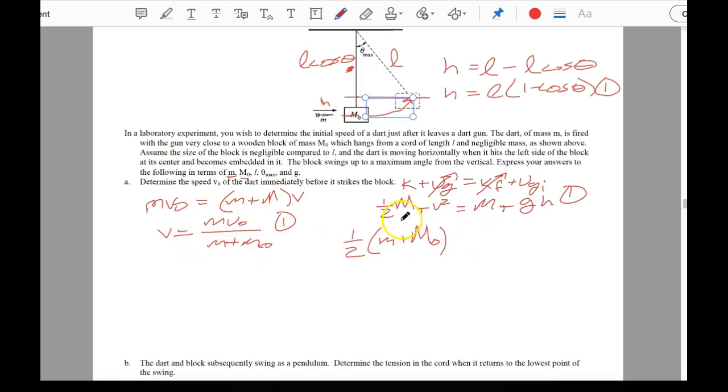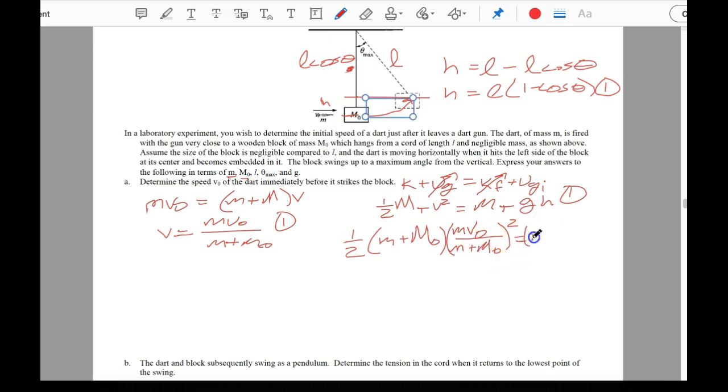Remember, our velocity is m times V0 over m plus big M. We need to square it because that would be our speed squared. It looks complicated, we're just filling things in. It's really not that bad.